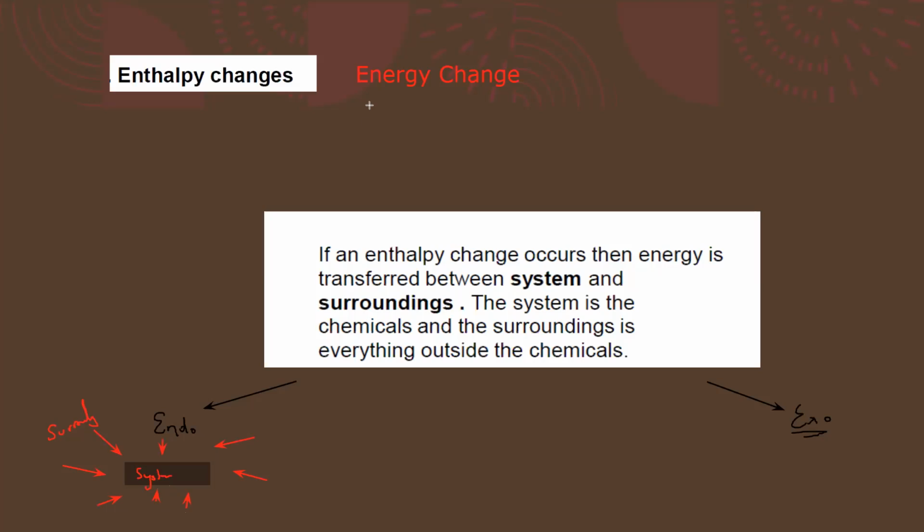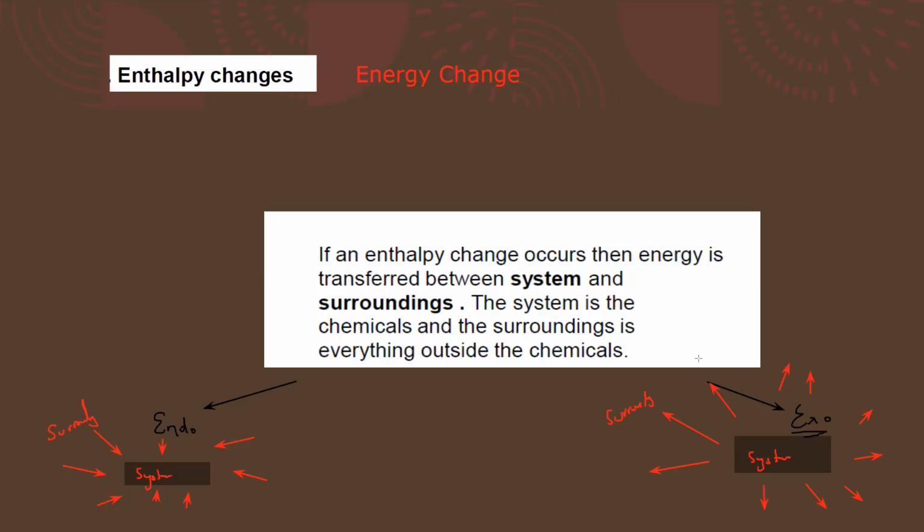But what happened in an exothermic reaction? If a reaction is exothermic, we have the system, and anything other than the system refers to the surrounding. So when the energy change occurs, the energy transfers from system to surrounding in an exothermic reaction.